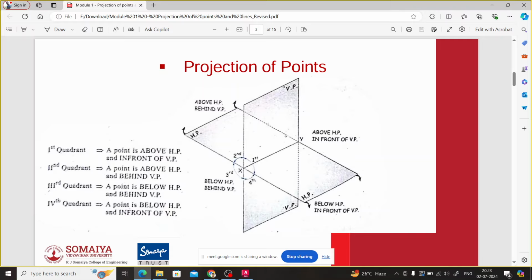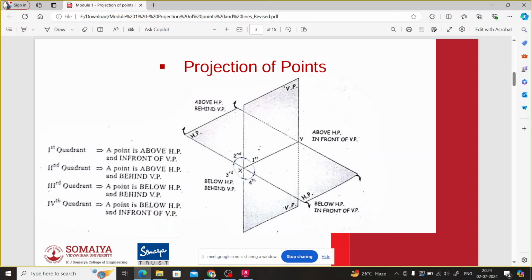It is abbreviated as VP, and there is one more plane abbreviated as HP, also known as the horizontal plane. Both are perpendicular to each other. You can spot some circular markings here: first, second, third, and fourth. First stands for the first quadrant, second for the second quadrant, third for the third quadrant, and obviously fourth for the fourth quadrant.